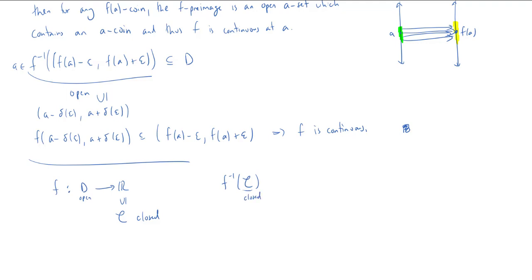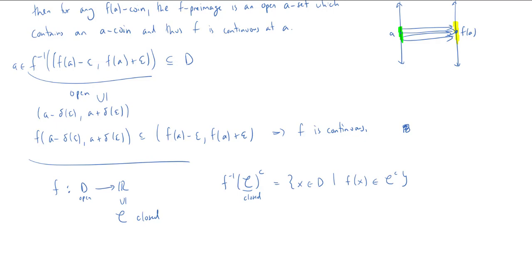Okay, now, if I want that this preimage is closed, it is enough to show that its complement is open. So let me look at the complement of this set. So what is this complement? This is equal to all the points in D such that when I apply f to x, I do not end up in C. So f of x is in C complement.